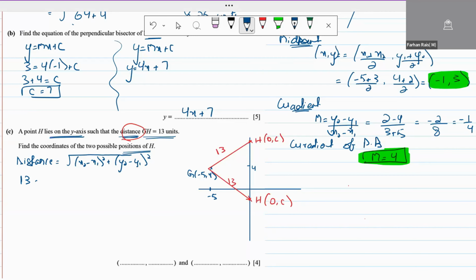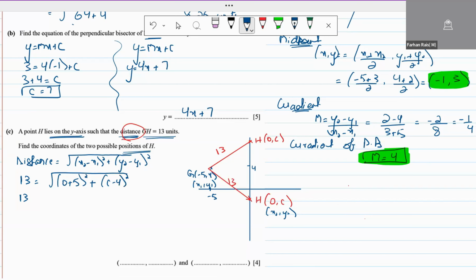So 13 equals the square root of (x2 minus x1)... this point (0, c) we'll suppose as (x2, y2), and this is (x1, y1). So x2 minus x1 would be 0 minus of minus 5, that would be plus 5, so (0 plus 5) whole square. And y2 minus y1 would be (c minus 4) whole square.